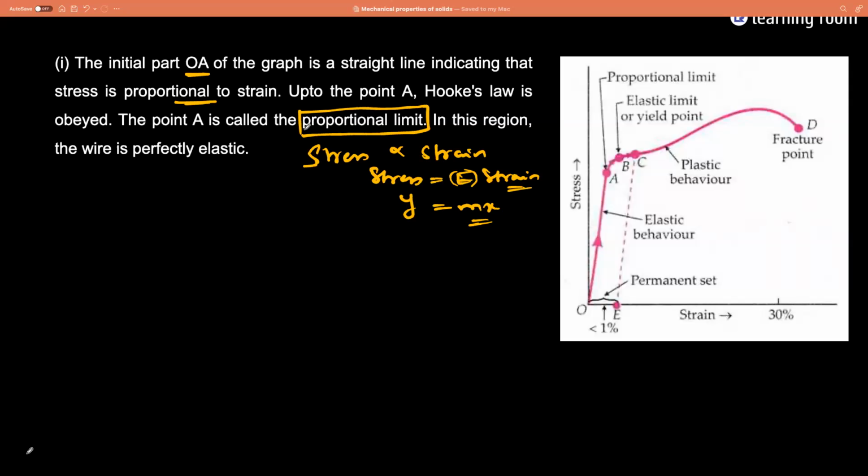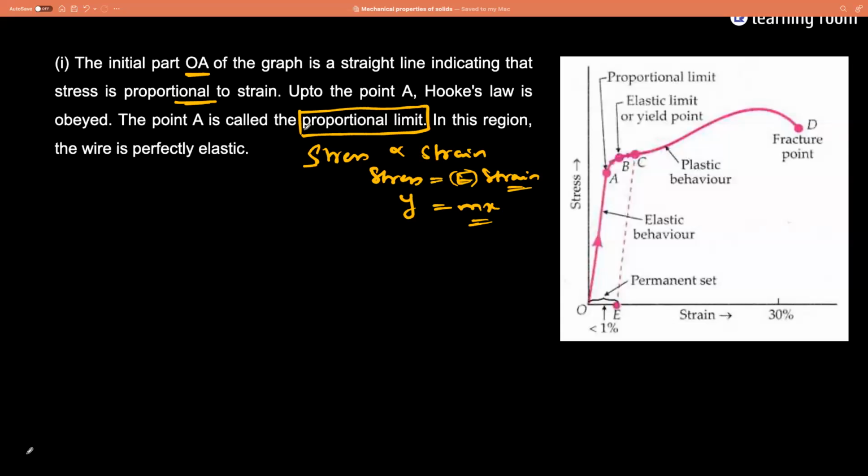So in this region OA, this metallic wire that you're taking into consideration is going to be a perfectly elastic object. Because what is the meaning of it? Means between OA, you release it anywhere. If you take out the deforming force, the object will come back to its original shape and size.